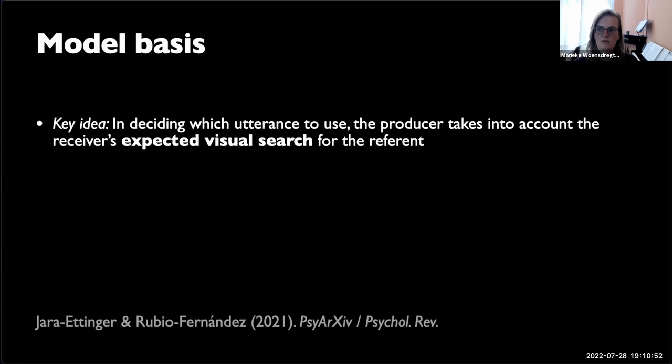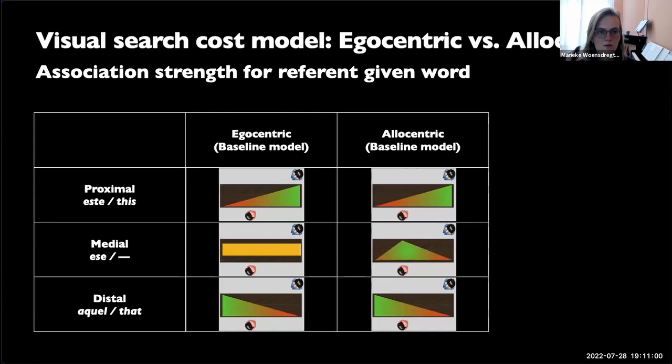So in other words, when a speaker produces a demonstrative, they're trying to minimize the time that the listener is looking around for the object. And we captured the difference between egocentric and allocentric by assigning different association strengths to the different demonstrative terms, depending on the location of the referent relative to the speaker and the receiver.